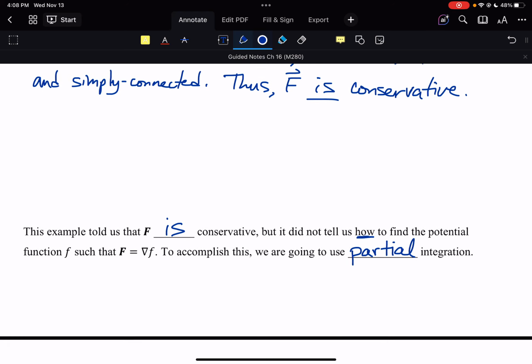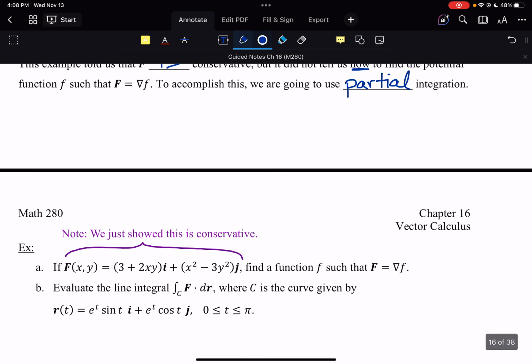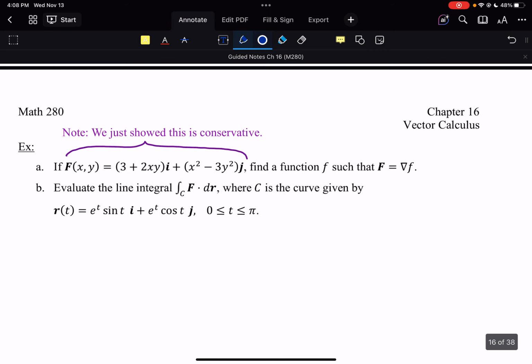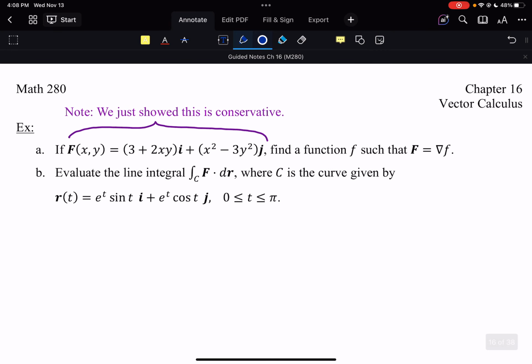So let's take a look at the next example, our first full-fledged example for this section. If we have this vector field, find a function little f such that the vector field equals grad f, and then evaluate the line integral of f given this curve C.